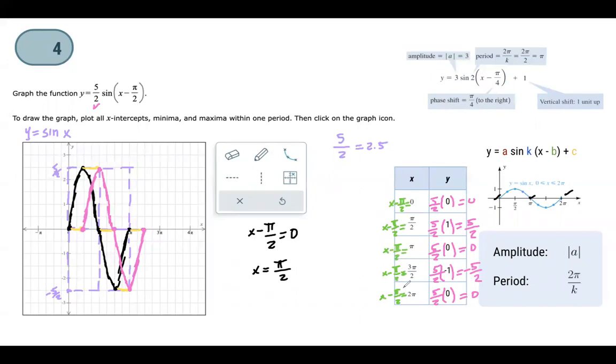So it's going to be very similar to the previous problem, where you're going to end up with x being equal to π/2, as we already knew.